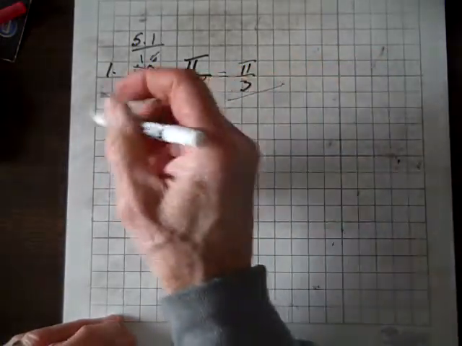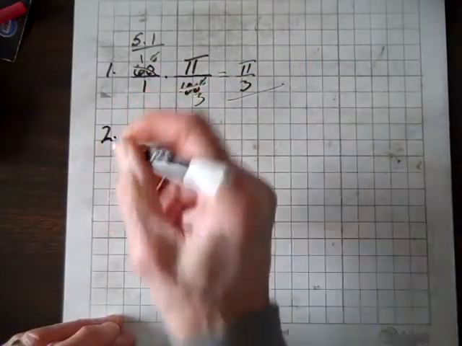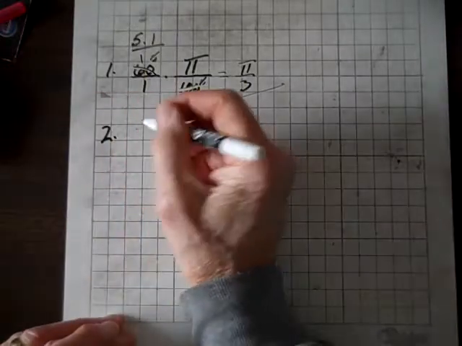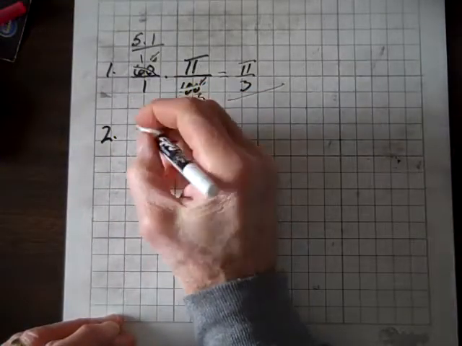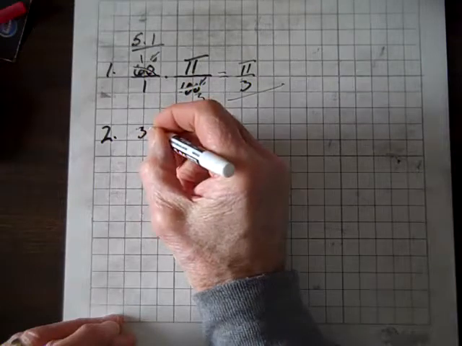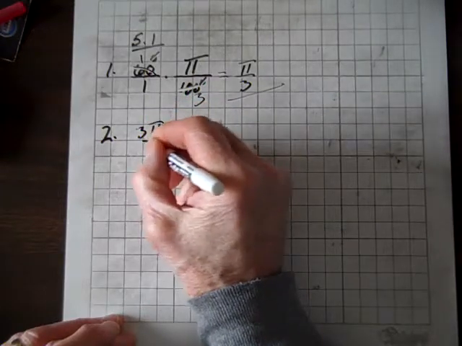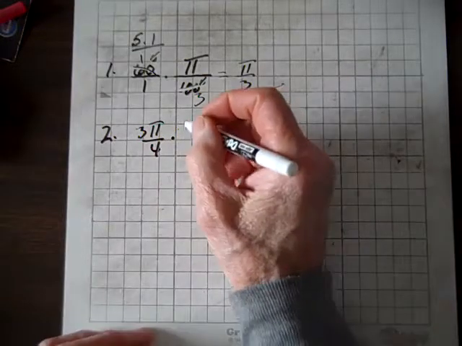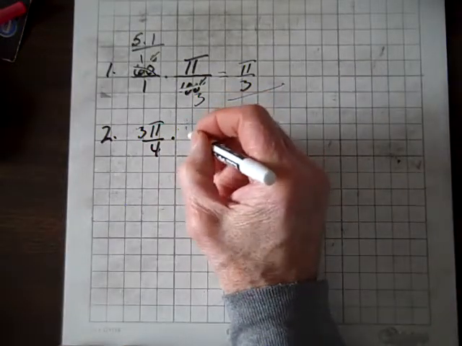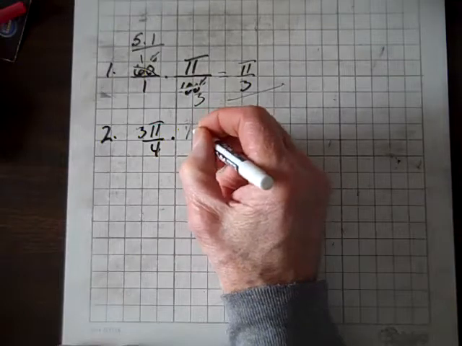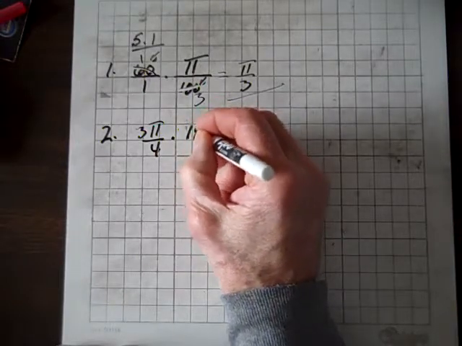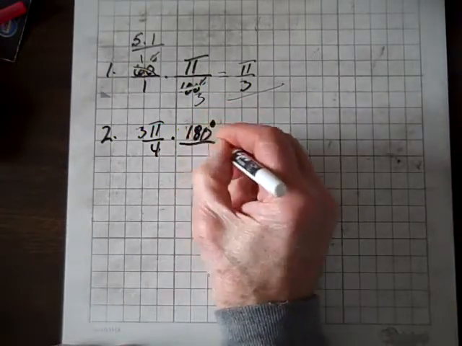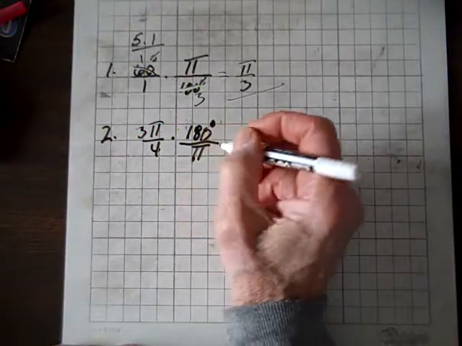Now number 2, let's convert 3 pi over 4 to degrees. We'll multiply by 1 in the form of, using dimensional analysis again, 180 degrees over pi, another way to write 1.